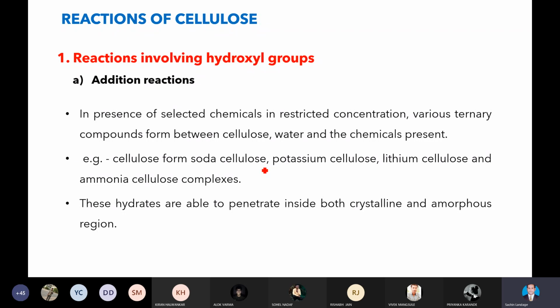Now this CS2 will not react easily with the cellulose. So we convert to soda cellulose so that the rate of the reaction will be faster at a later stage, and we can carry out this reaction in less time. That is the aim behind this conversion during the manufacture.